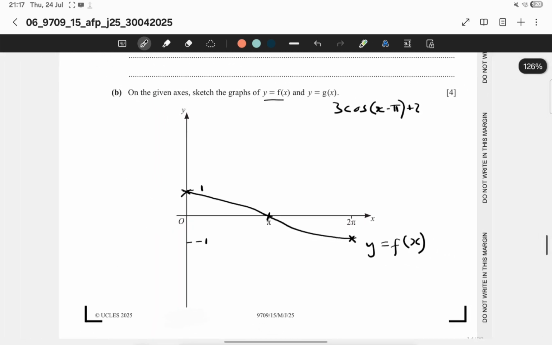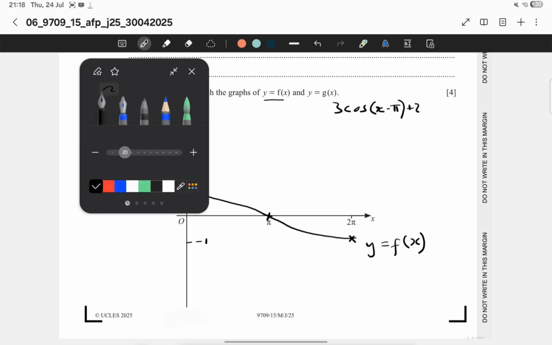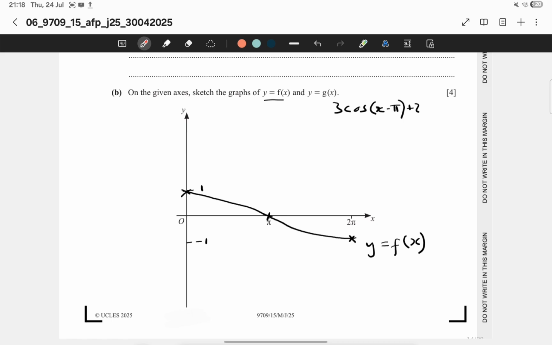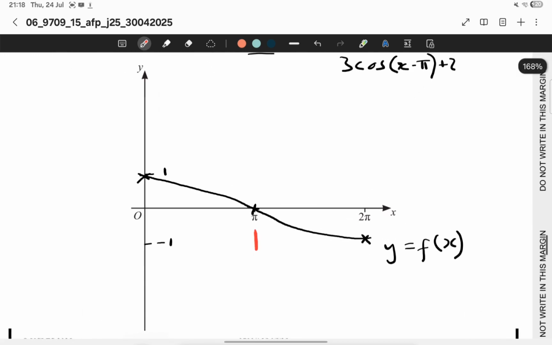Now for us to draw this one, first we're going to move pi units to the right, right? So each point is going to move pi units to the right. Let me use a different color here. So this point right here will move pi units to the right, so it's going to be here, right?